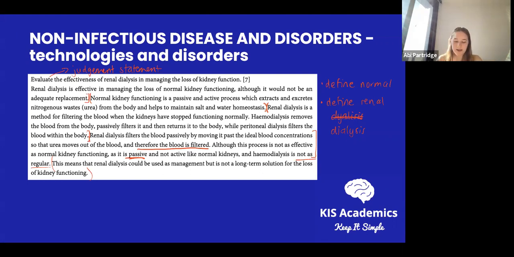But this first bit here is also important in establishing what the renal dialysis does, because without that, you wouldn't be able to go into the positives and negatives. So yeah, that's how I'd answer that question. And that's all I've got there.